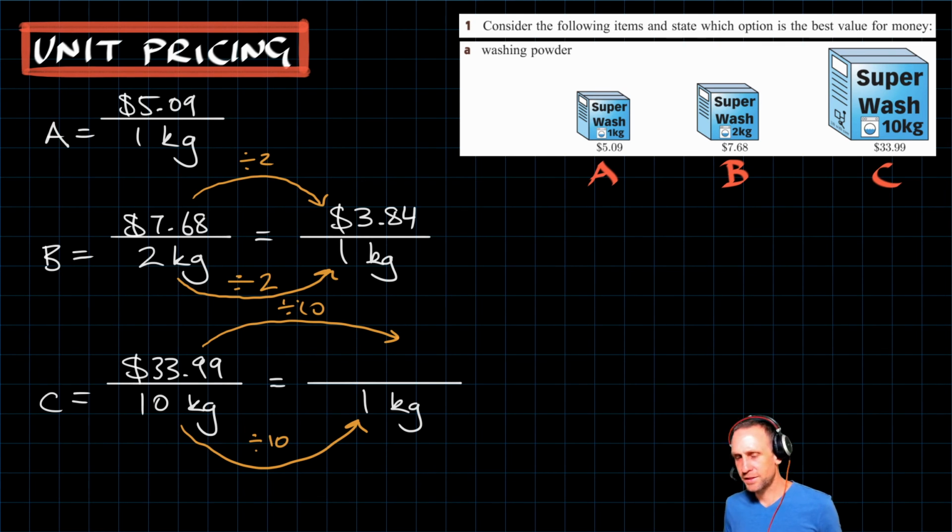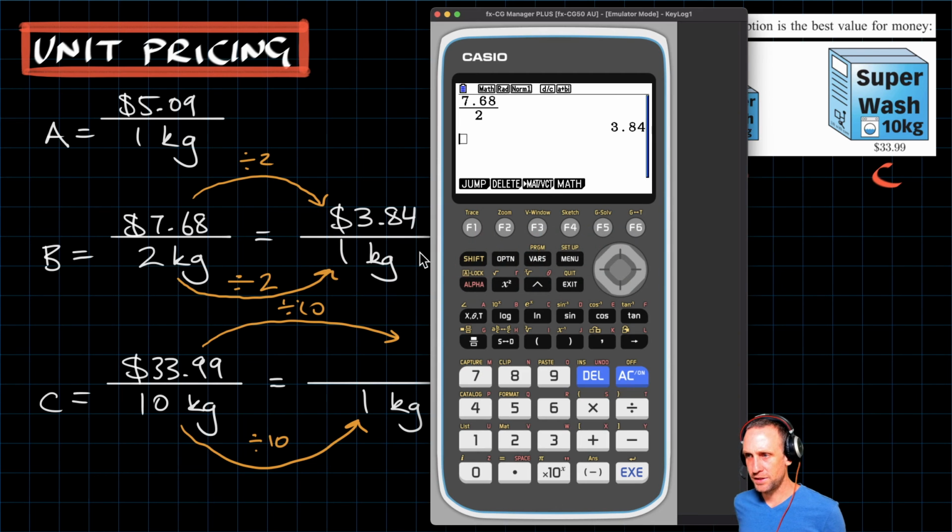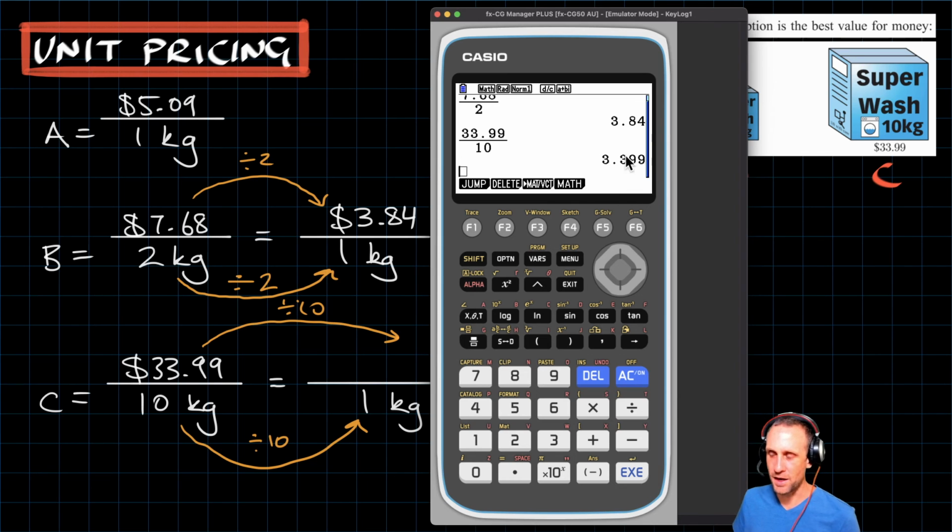Now this is a little bit controversial, isn't it? Because when we put this into the calculator, let's do this one. $33.99 divided by 10. We've got a call to make here. We get an answer of 3.399. But if we're going into the supermarket, remember we have to be rounding.